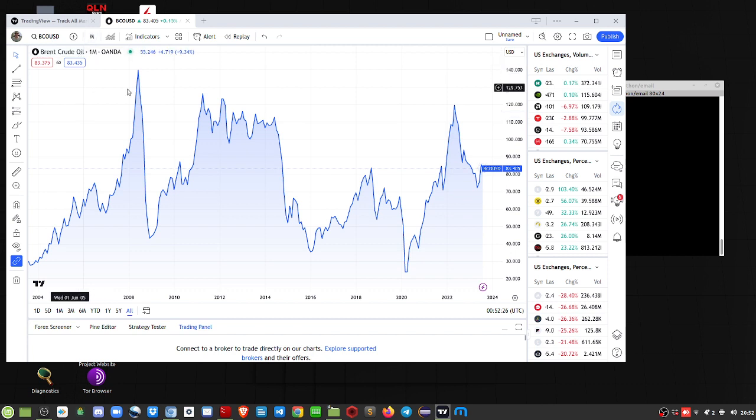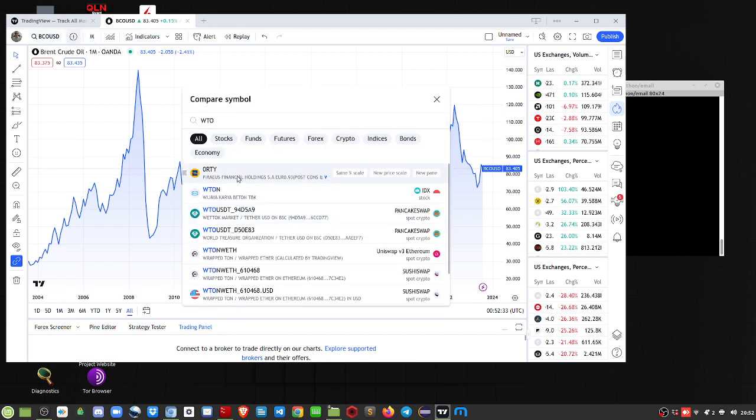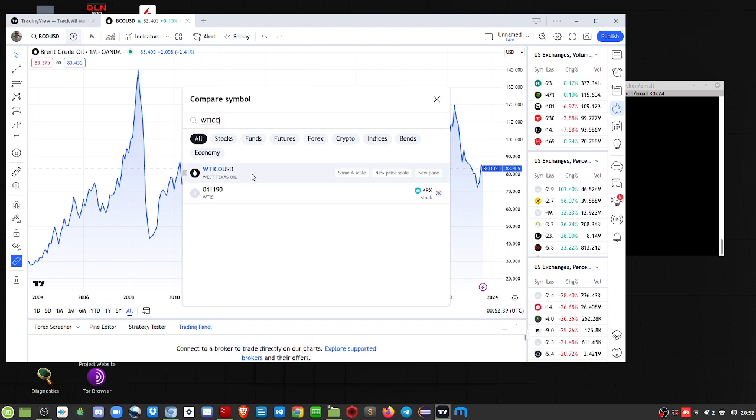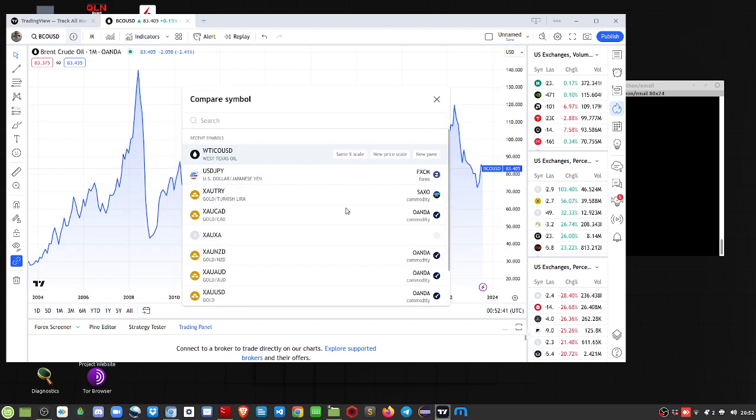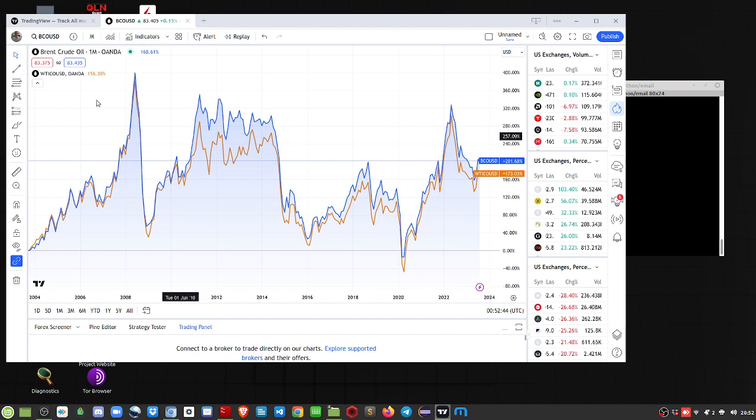Next one. Okay, so we can easily say that WTI and Brent crude are pretty well the same. So right here, they're pretty well in line. So if you're going to trade Brent crude or WTI, that's fine.